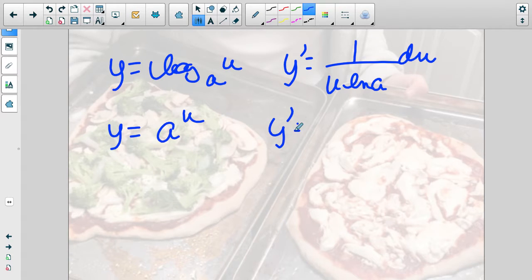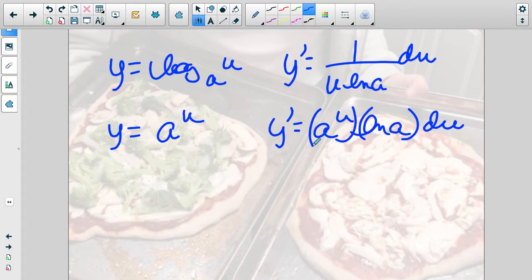To do an exponent, you copy it down, which I explained another day. I'm not going to go into it again. ln a times the derivative of u. I don't put it in parentheses, but anyway.